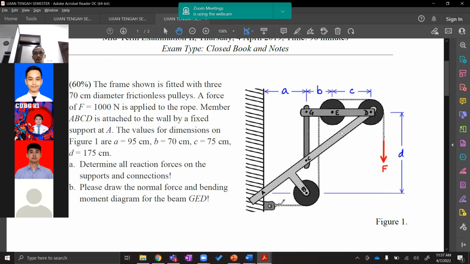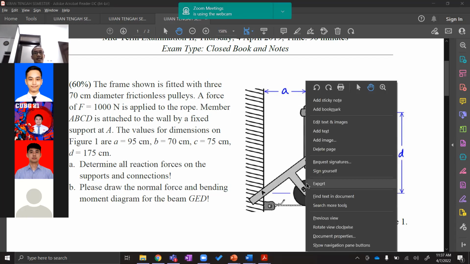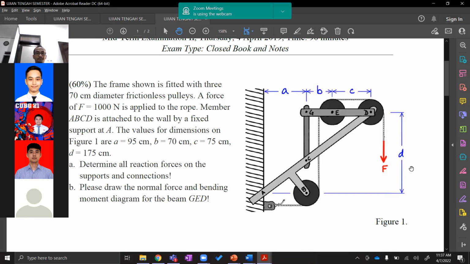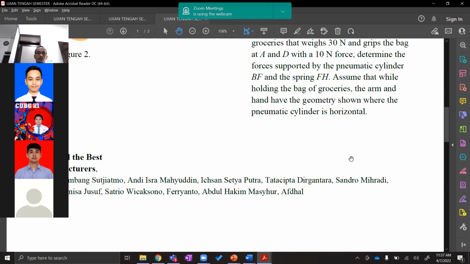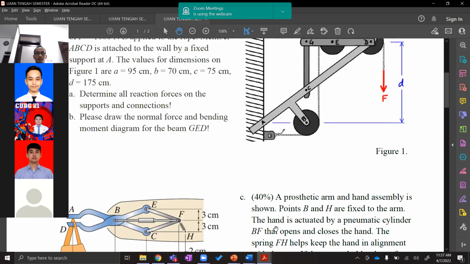Okay, and then we have two multi-force members ACD and GED, and beside that we have a pulley as well. So for the pulley, you have to transfer the force to the joint where it is connected to. Okay, this one is quite interesting as well, so we can try to practice with this problem.